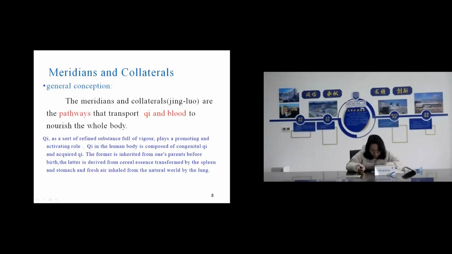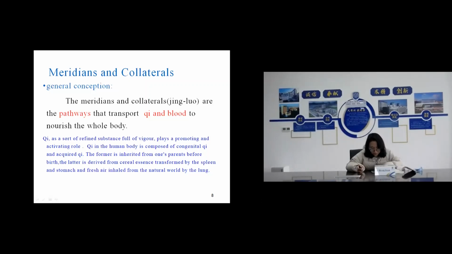Another acquired qi is from fresh air, inhaled by the lung. So here is the qi.